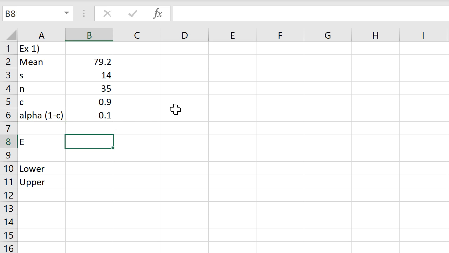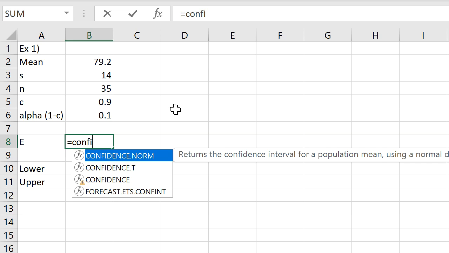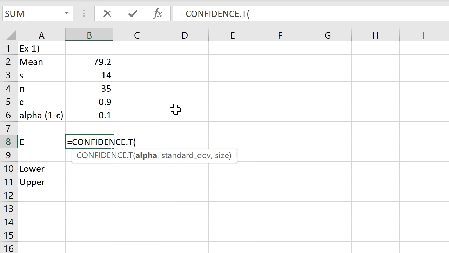So we want to find our E. Remember, that was the margin of error that we're going to subtract and add to the mean to find our interval. So this is going to be equals confidence dot t. Instead of confidence dot norm, we want confidence dot t because it's the t-test.